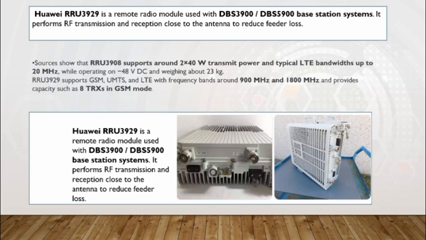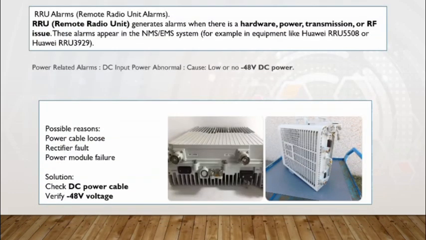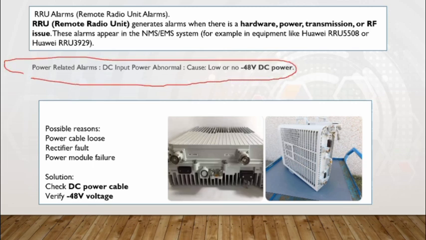Next one is the type of RRU which uses different power. For microcell sites and less populated areas we use low power RRU, and for more sites and more population we use high capacity RRUs, which need high power to transmit the signal.